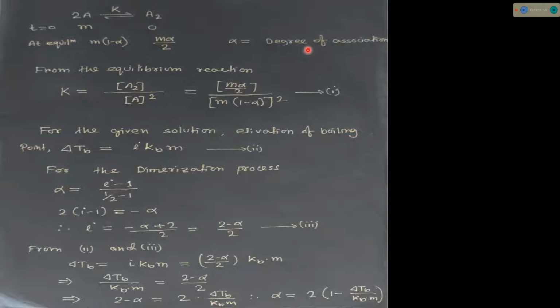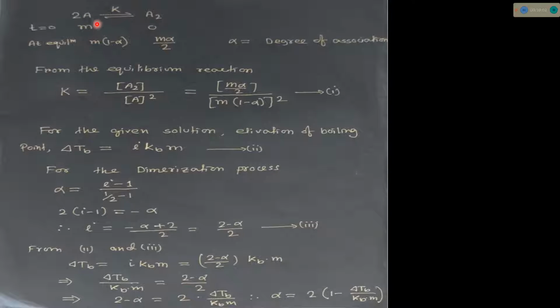Alpha is the degree of association, so from this m value we subtract the m alpha value, and m alpha upon 2 is formed. Since in this association process 2A becomes A2, 2 moles of solute A become 1 mole of A2. Then at equilibrium the molality of A2 becomes m alpha by 2.